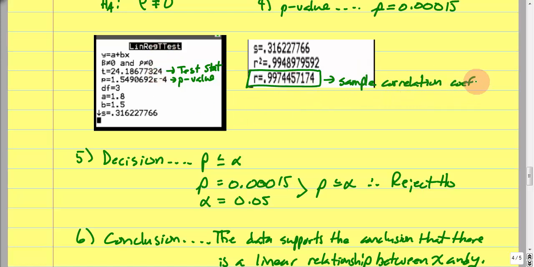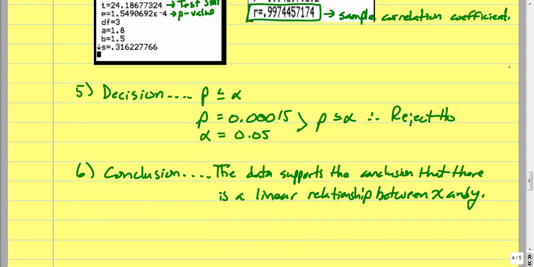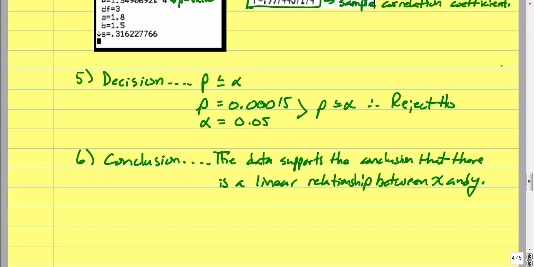So this is your sample correlation coefficient. Okay, so again on this one, the data supports a conclusion that there is a linear correlation, and we can't say just that there's a correlation or a relationship. We have to say that it's linear because this is a specific test to test for linear correlation.